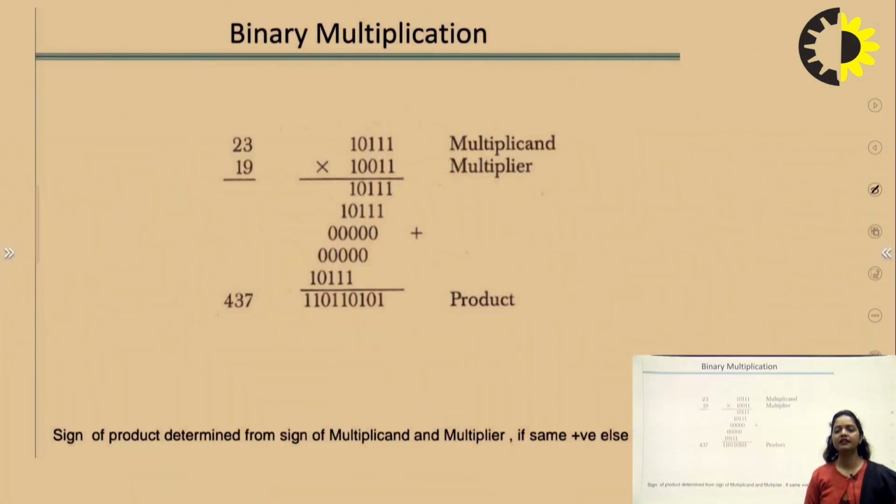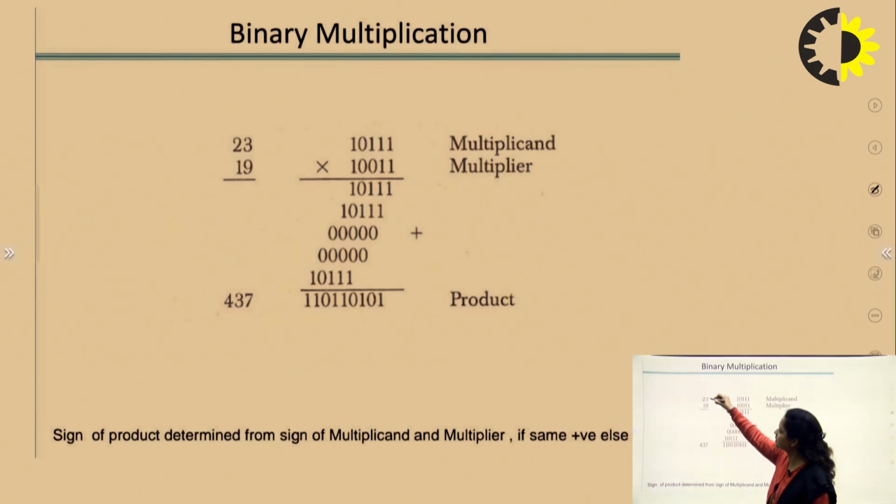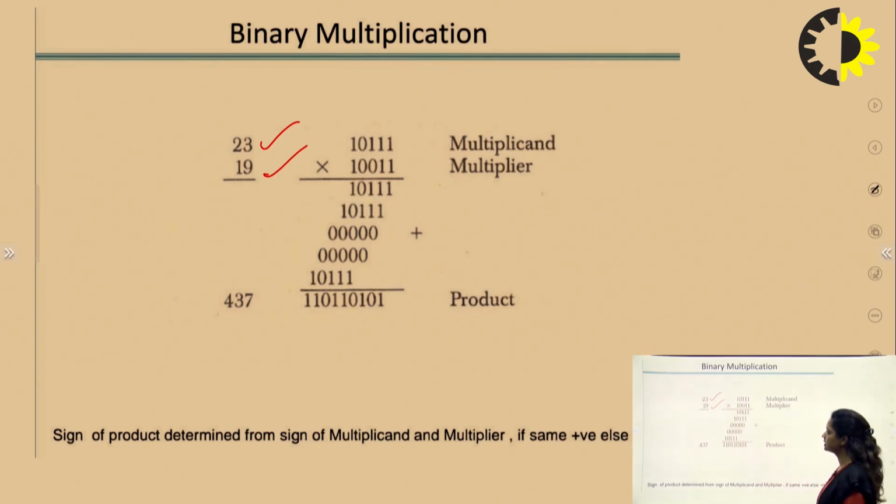Now what is binary multiplication? As we can see in this diagram, we are just performing a binary multiplication between two numbers, that is 23 and 19. The binary equivalent of 23 is 10111 and 10011.